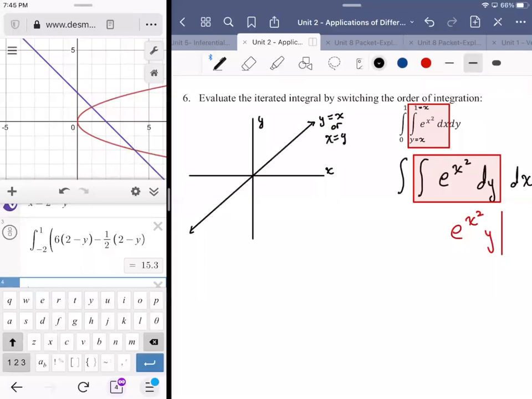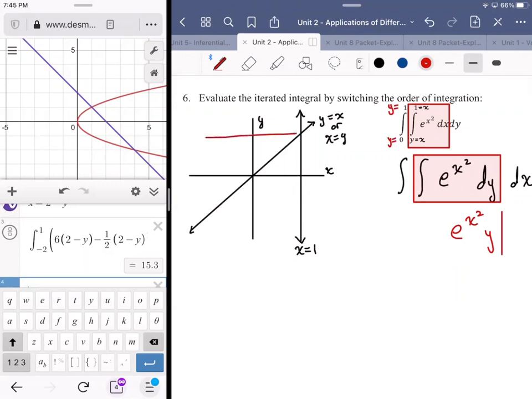I'll write it both ways. X equals 1. So I'll just kind of throw that over here. All right. Then for the second iteration of the integration, it would be y equals 0 to y equals 1.